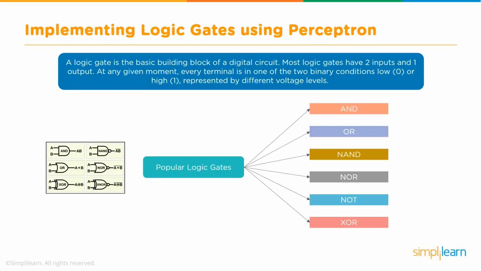They were able to implement some of the most common logical gates, which could take two inputs like A and B and then give a corresponding result. For example, in case of an AND gate, A and B, the output is AB. In case of an OR gate, it is A plus B, and so on. And they were able to do this using a single layer perceptron.